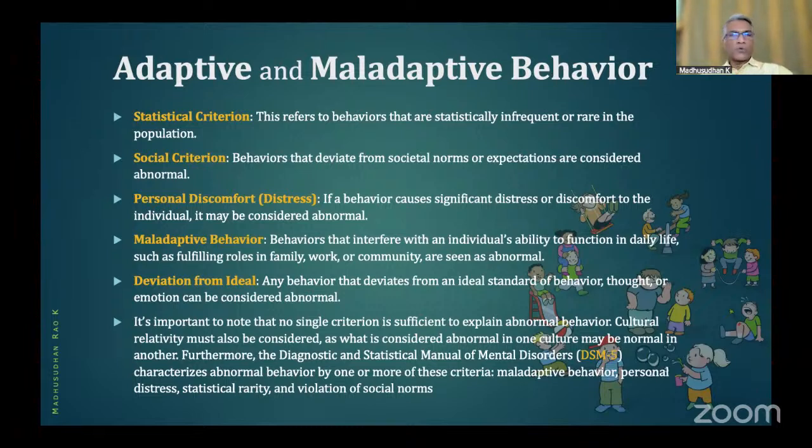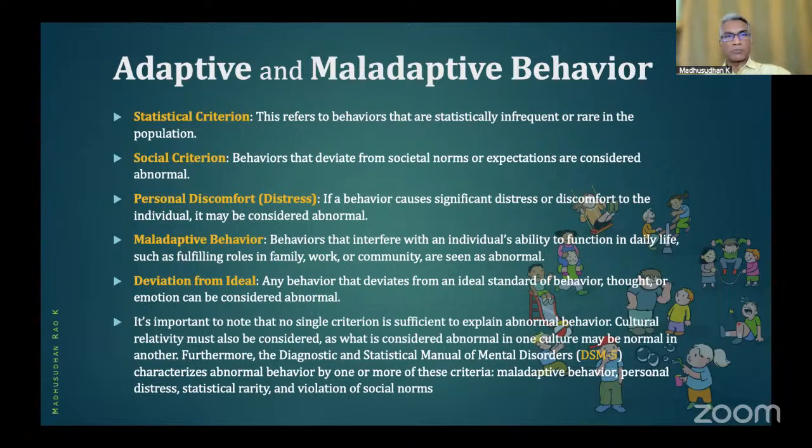Now coming to social criteria. Behavior that deviates from societal norms or expectations is considered abnormal. Personal distress or discomfort: if a behavior causes significant distress or discomfort to the individual, it may be considered abnormal.